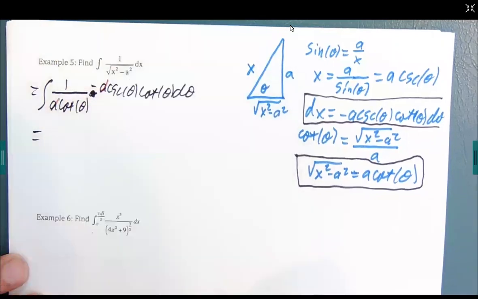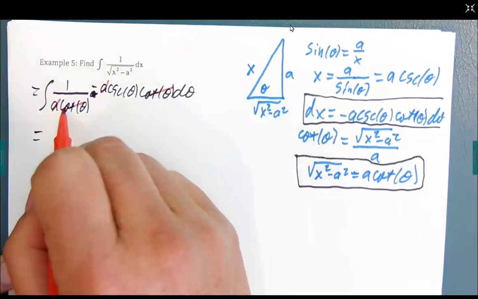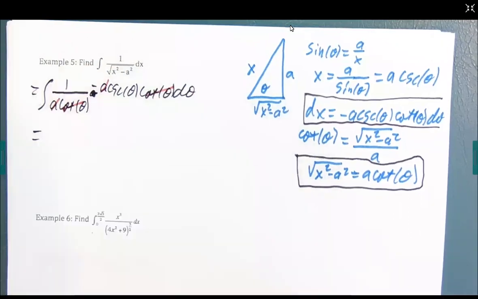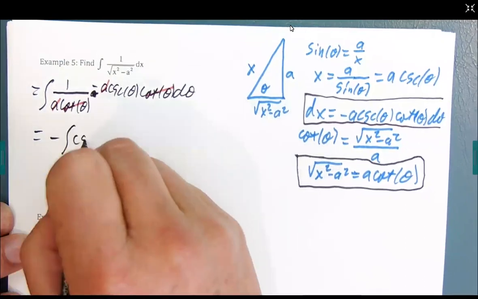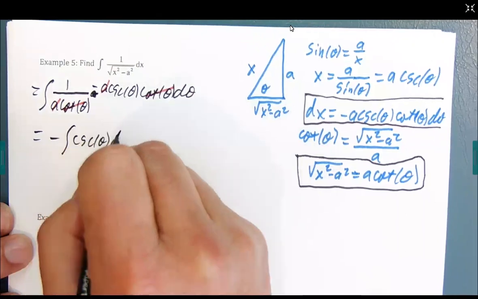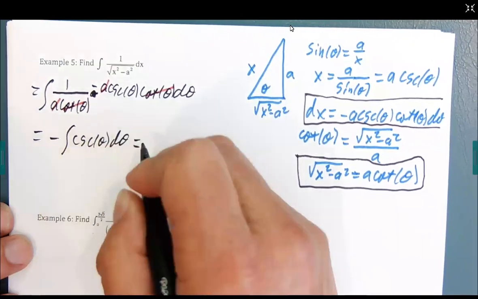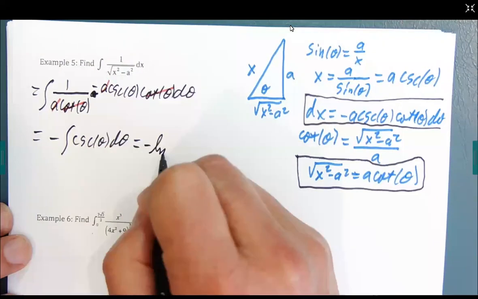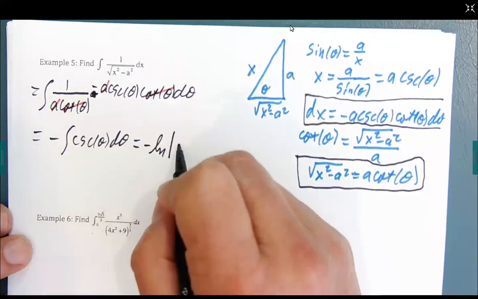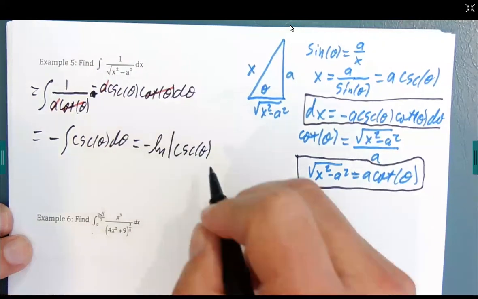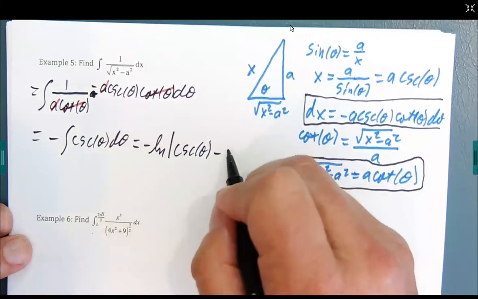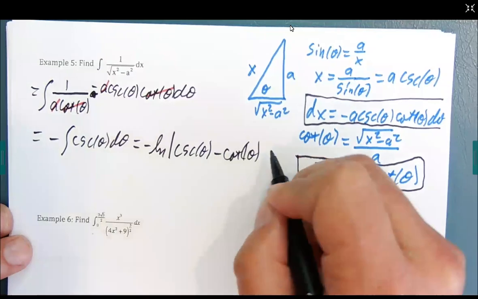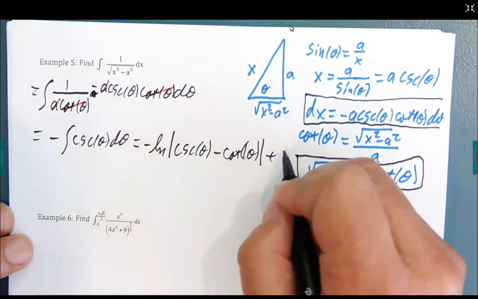The cotangents reduce out, and I'm just left with cosecant, negative the integral of cosecant theta d theta, which is negative ln of absolute value of cosecant theta. I showed you these formulas in the last video, minus cotangent theta, absolute value plus c.